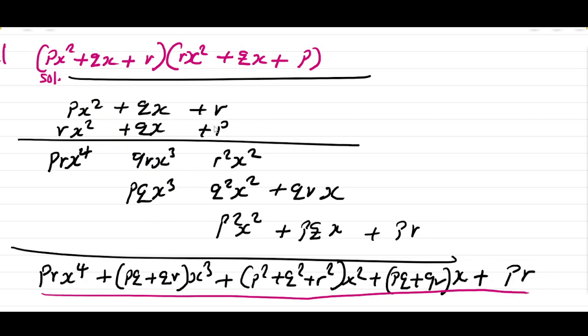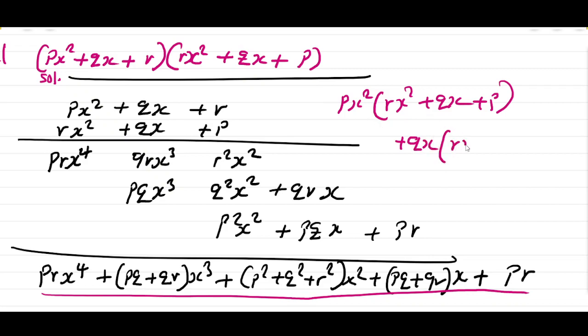Because here, if we had gone directly, we would have to start with px squared, multiply it with rx squared plus qx plus p, after which we then go further and say, okay, we'll have qx multiplying rx squared plus qx plus p. And this method of approaching it seems like it will waste a lot of paper and is somehow confusing because you may miss terms.